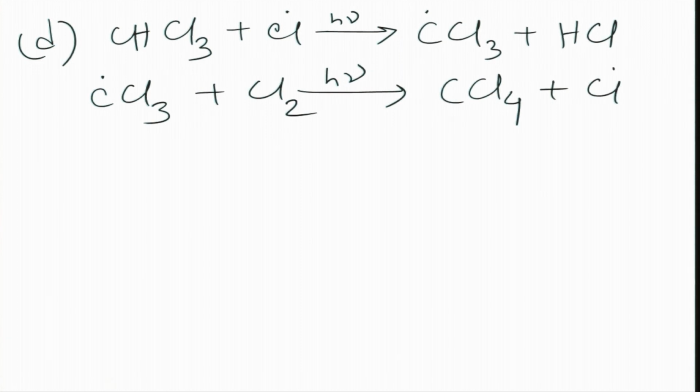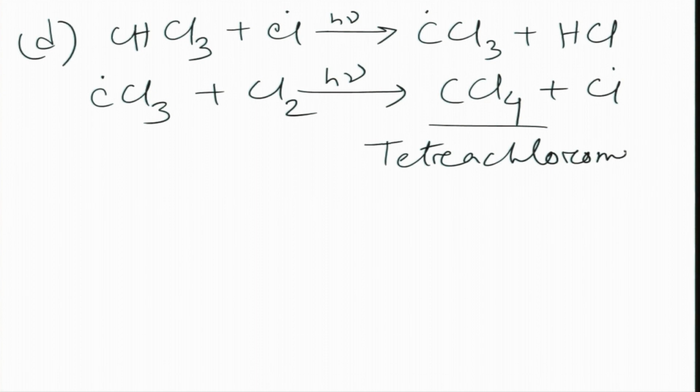Okay. So, this is called tetrachloromethane. This is also a carcinogen, that is a cancer causing agent. So, this was the propagation step.